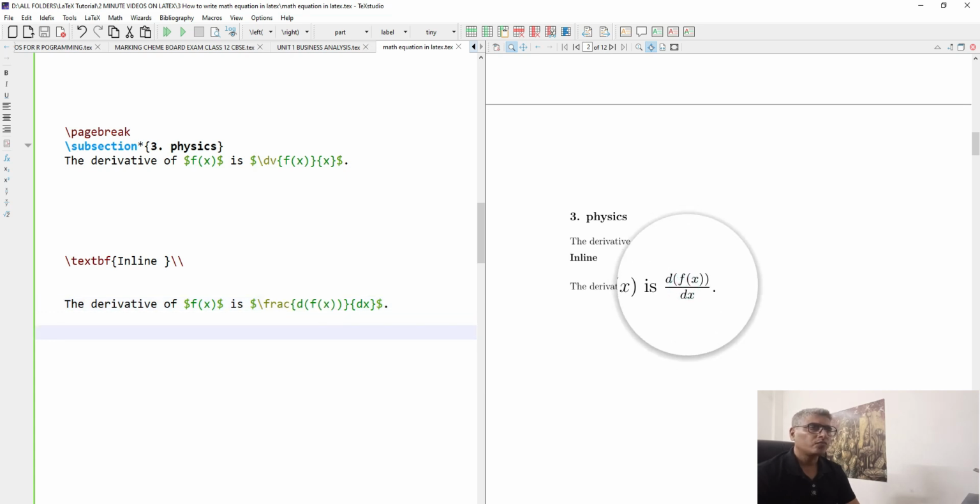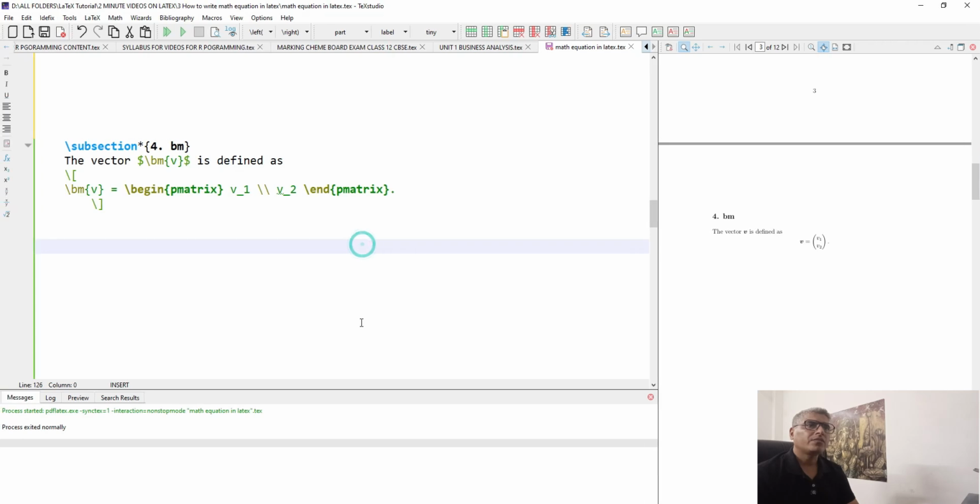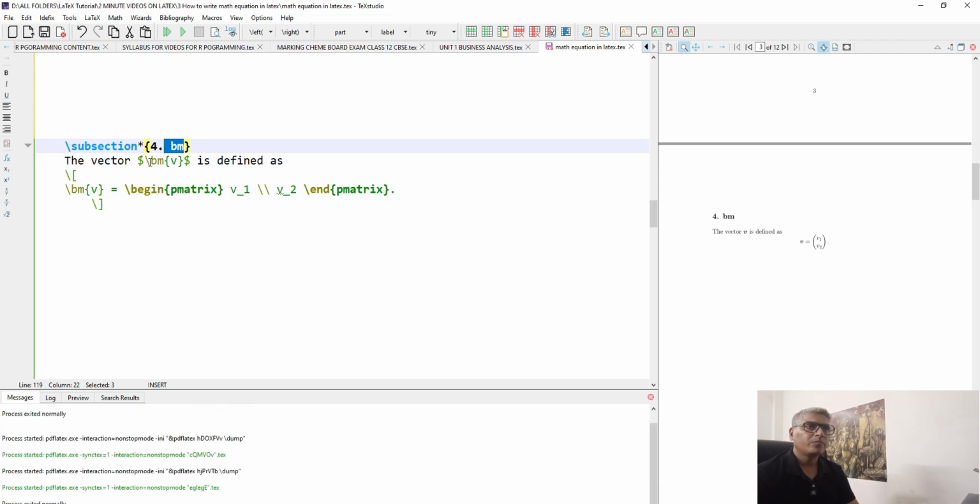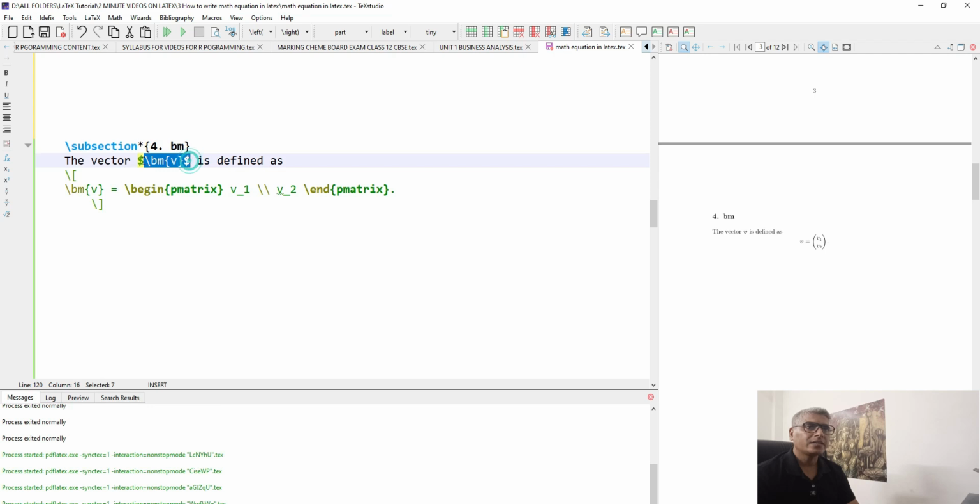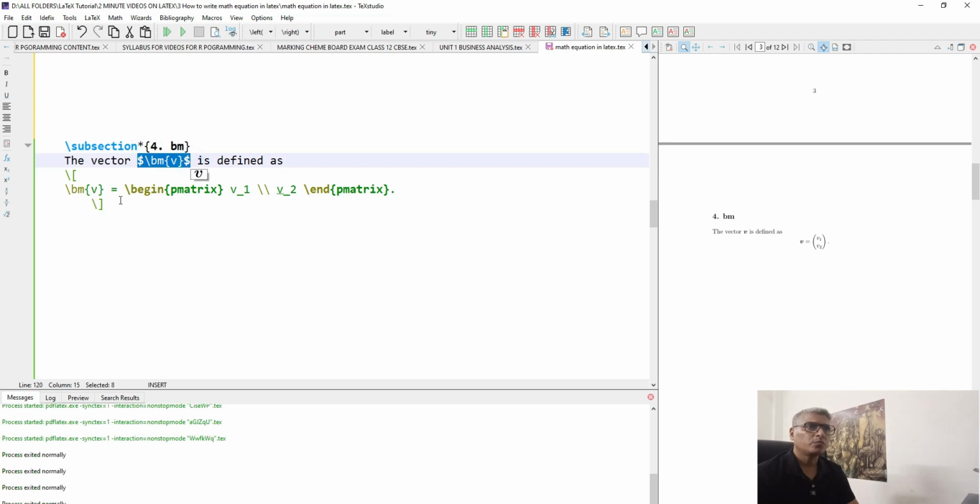Now let's move forward and understand the usage of the next package. Here we have our next package, which is the bm package. It is basically used to bold the vectors or mathematical equation. So here we have the vector v defined as \bm{v} is equal to begin pmatrix.